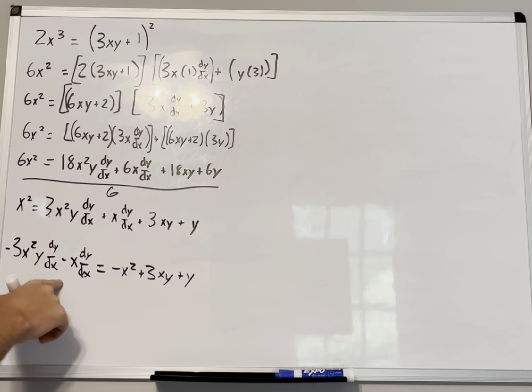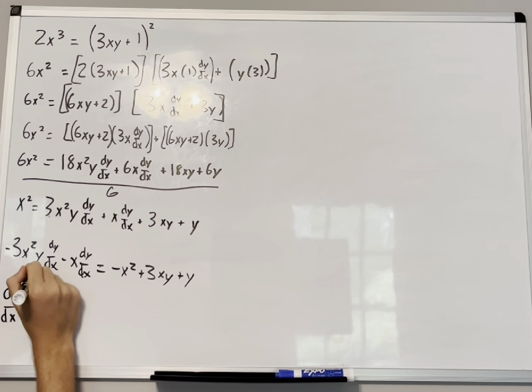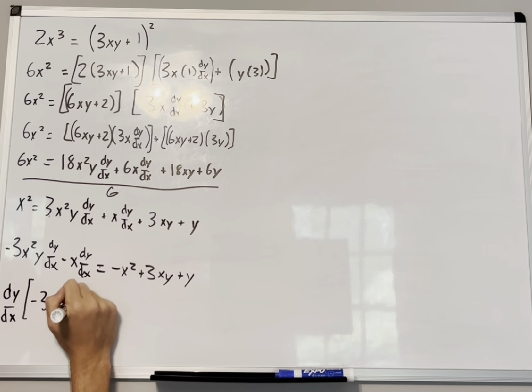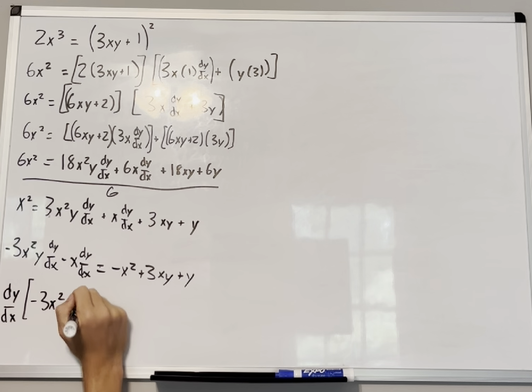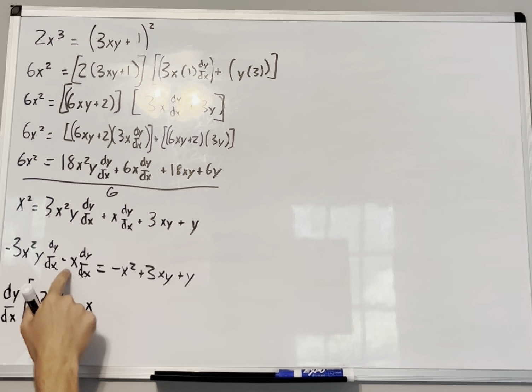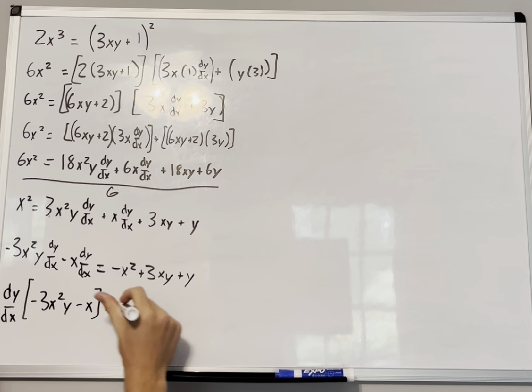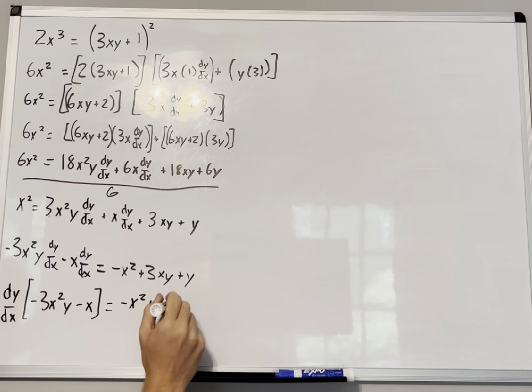And now at this point I'm going to factor out the dy dx. So dy dx times negative 3x squared y minus x, because it's negative 3xy minus x divided x is out there now, equals, same thing, negative x squared plus 3xy plus y.